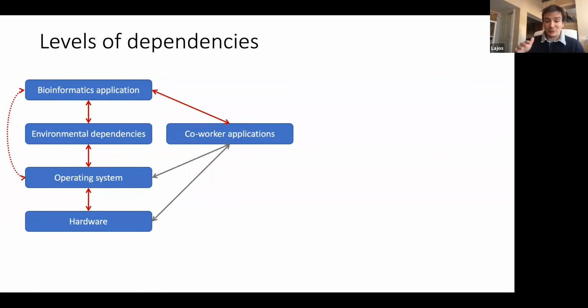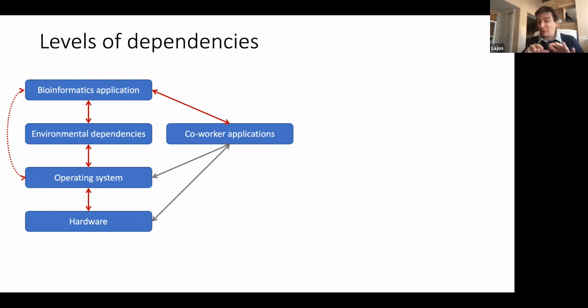Then a lot of things depend on the operating system. The operating system is that layer which connects everything. It creates the communication between hardware and everything else. And then there are 2 sub layers before your bioinformatics application. There are the environment.